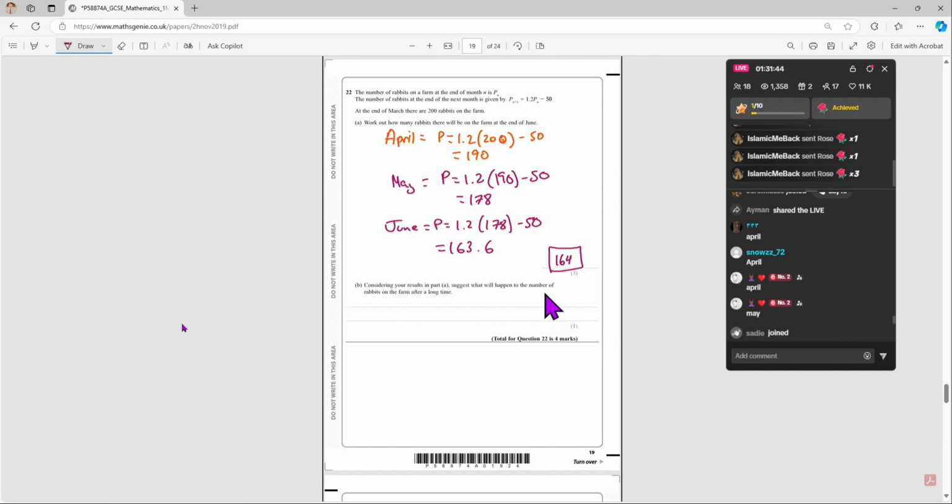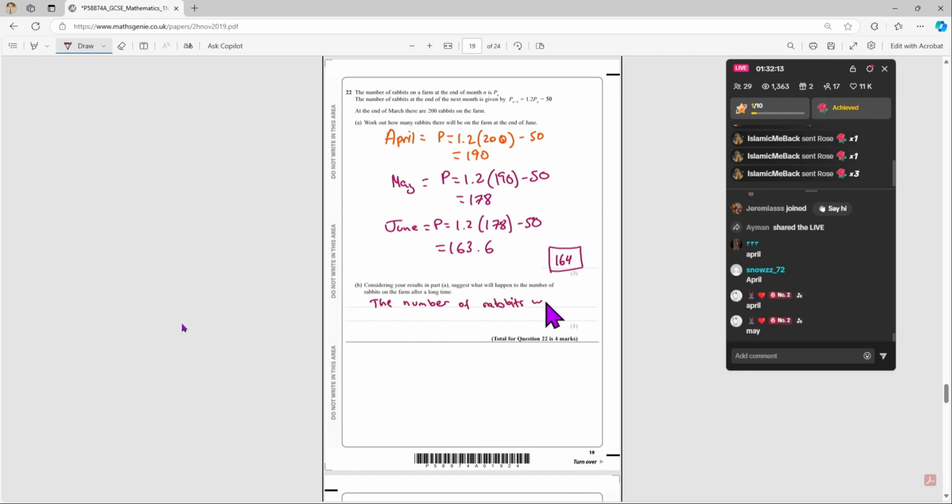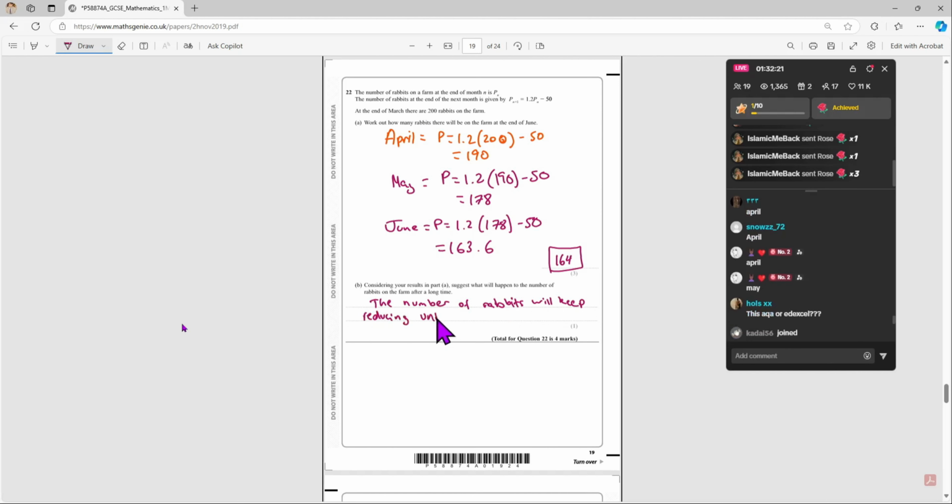So, considering the results in part (a), it says what will happen to the number of rabbits on the farm after a long time. As we can see, our trend is that the number of rabbits is decreasing over time. So after a long time, the number of rabbits will keep reducing until there is none left.